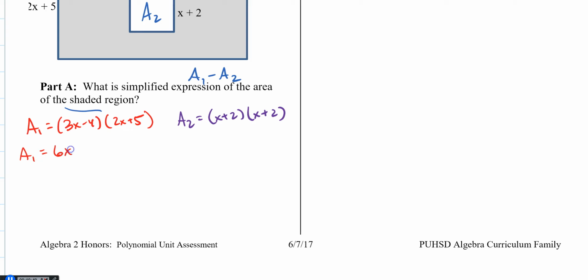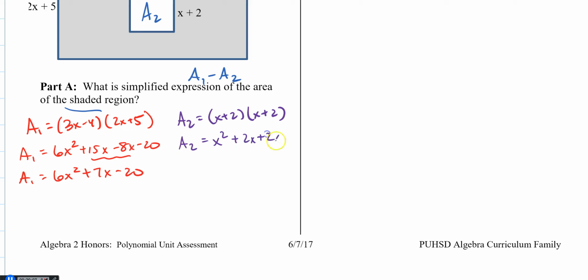I'm going to get 6x squared plus 15x minus 8x minus 20. Simplify, 6x squared plus 7x minus 20, that's A1. And A2, x squared plus 2x plus 2x plus 4, simplify that, and I get x squared plus 4x plus 4.